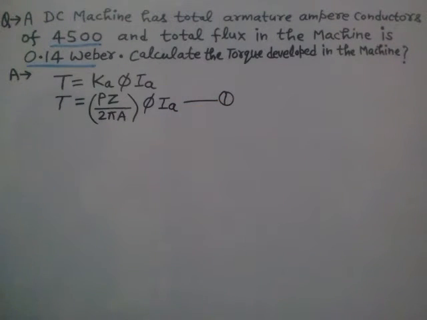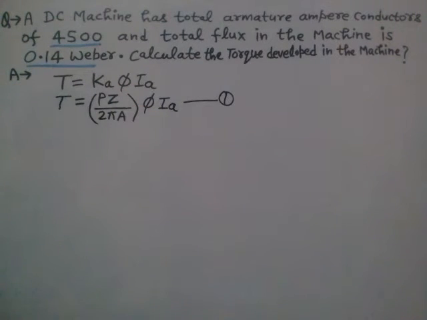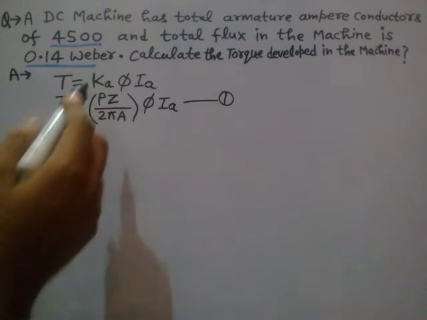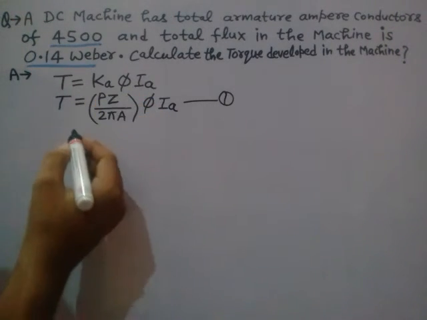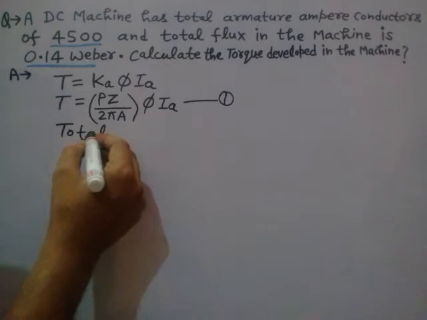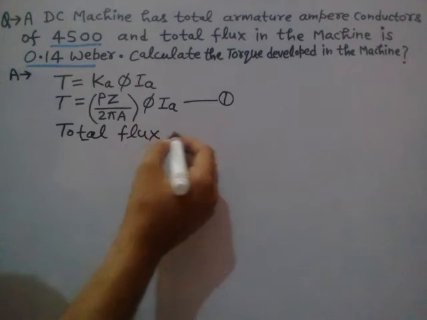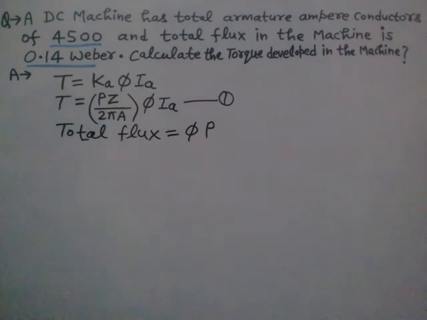So now the total flux in the machine is given as 0.14 Weber. If it is a P pole machine and phi is the flux per pole, then the total flux will be flux per pole phi into number of poles.